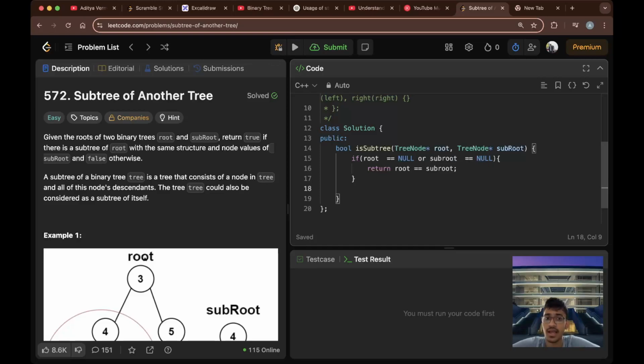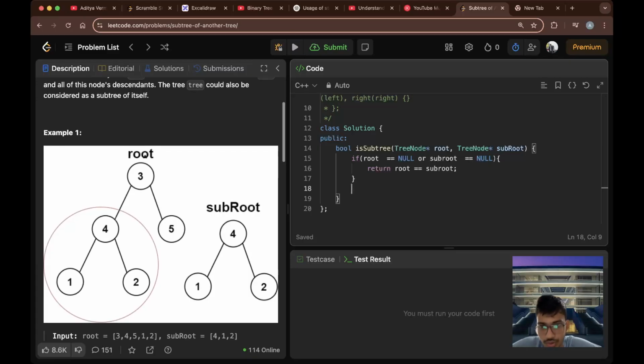So what we can do is that our left part might have a root equal to the subroot, or the right part should have the root as a subroot. We have to check whether the left part or the right part is equal to the subroot. If either of them is true, then it's very good, like correct.